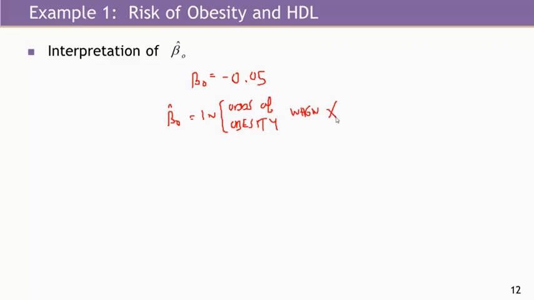This is just a placeholder because we don't have any persons in our data set, thankfully, with an HDL cholesterol level of 0. We need this to fully specify our regression equation so that we could, for example, predict the log odds for specific groups based on their HDL level, but it doesn't have any scientific relevance to our data set. So whether we exponentiate it or not, this is just a placeholder in our line.